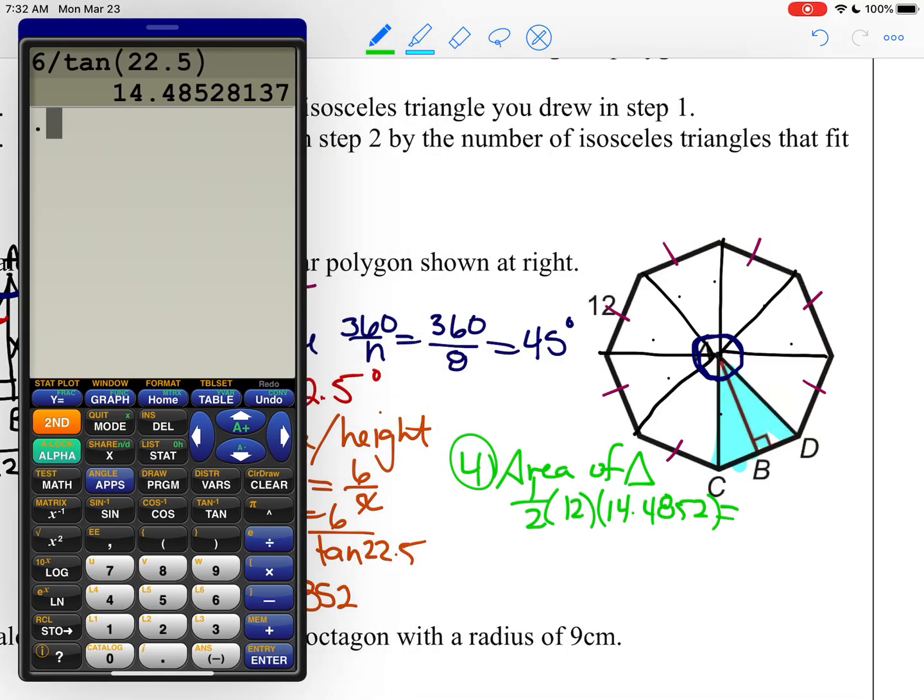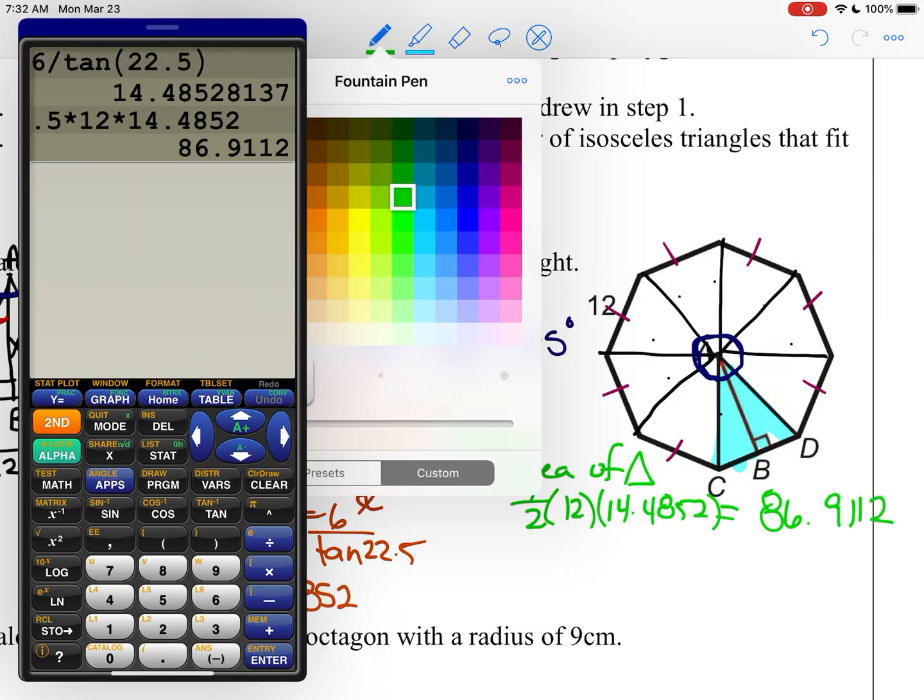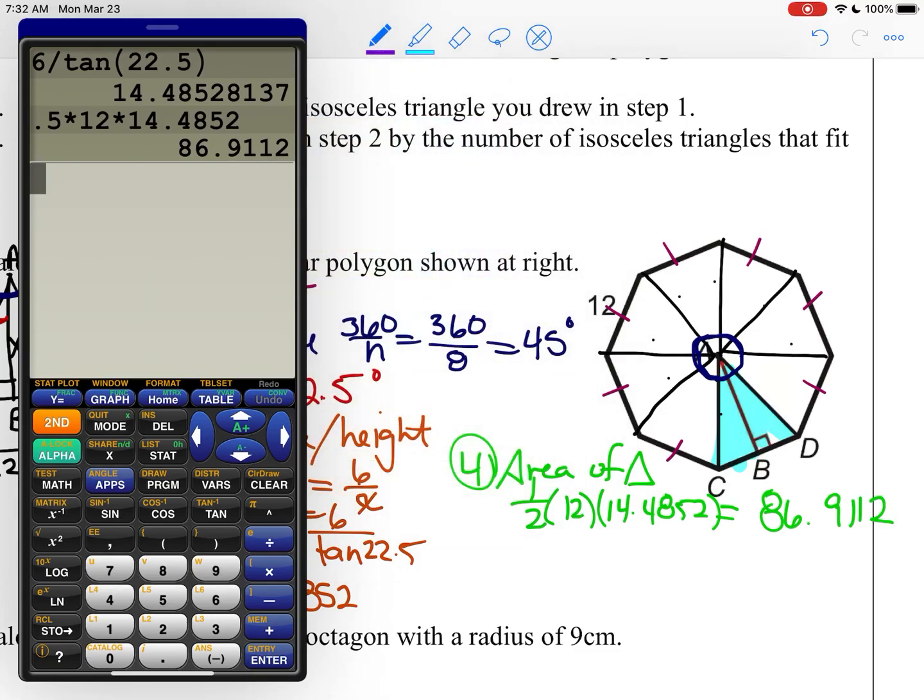Put this in our calculator. 0.5 times 12 times 14.4852, and that gives me 86.9112. And the last step is, now that we have the area of the triangle, we just take that times the number of sides to get our area of polygon.